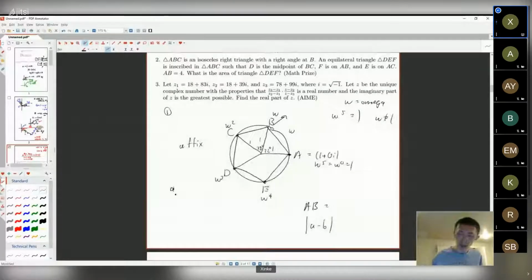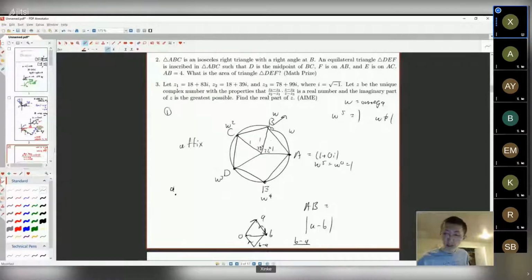Because here's A, here's B. A minus B is that vector, or that's B minus A. And if you put B minus A at the origin, so if this is 0, then this makes a parallelogram. So B minus A is the distance from the endpoint of A and the endpoint of B, if you think of the complex numbers as vectors.